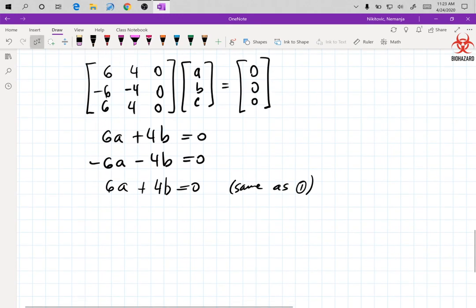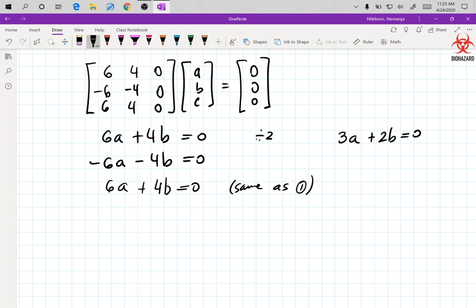So now you pick the values on the first row. We can divide by 2 first to create 3a plus 2b equal to 0. And now you can pick values that make it equal to 0.